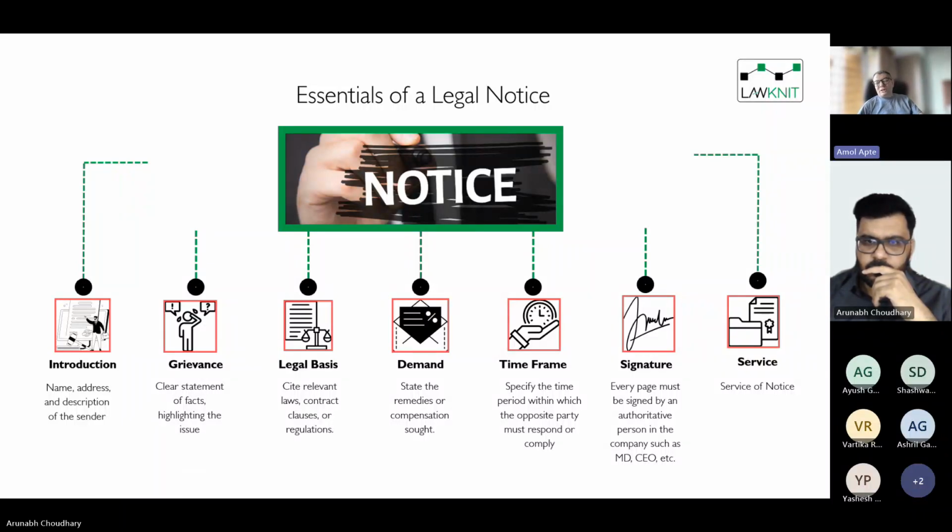I'm not saying it will spoil the case for you, but it will spoil the basis from where it started. So it's always important to see that the person signing off for and on behalf of the company has due authority in his or her name to execute the legal notice.